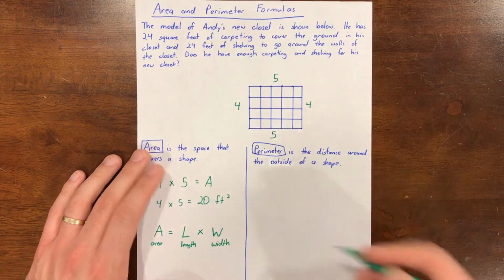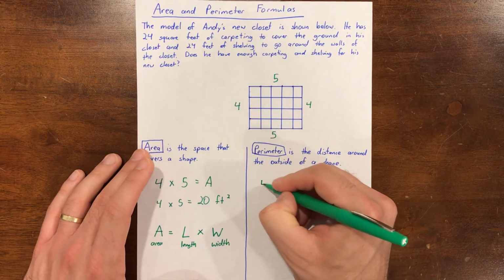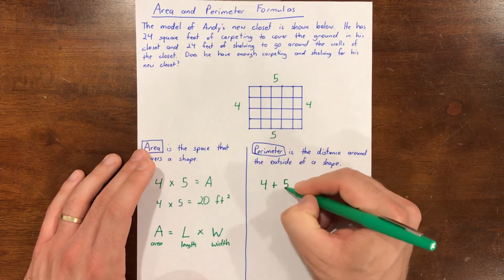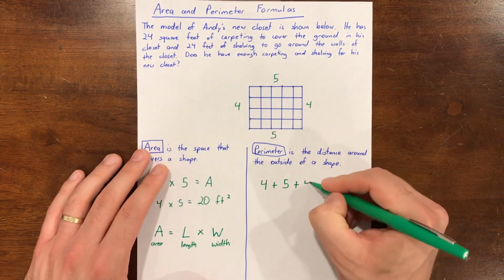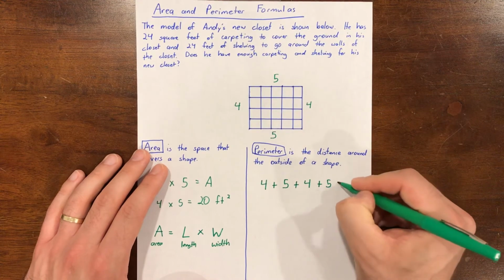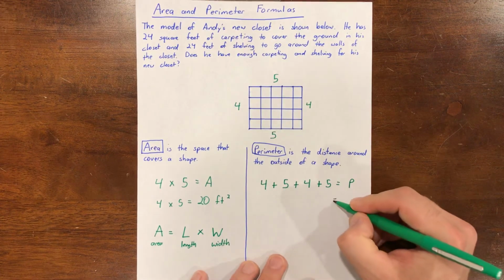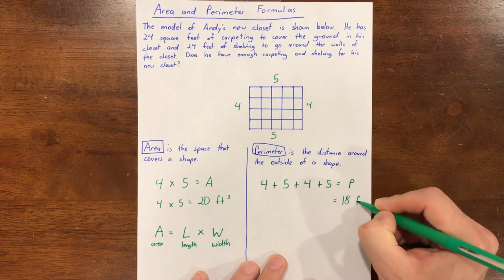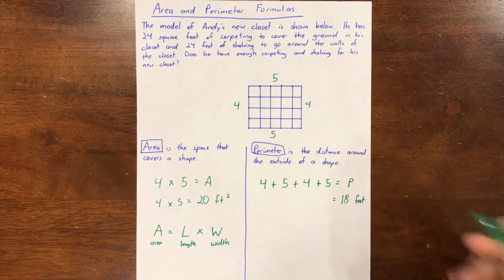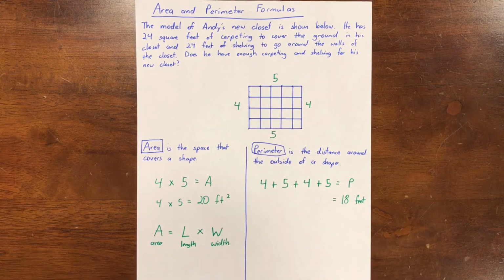That would mean we would add 4 plus 5 plus 4 plus 5 to find the perimeter. Well, 4 plus 5 plus 4 plus 5, that's 18, and our units here are feet, 18 feet. So I'm wondering, what could be a formula to find the perimeter of a rectangle? Say it out loud.